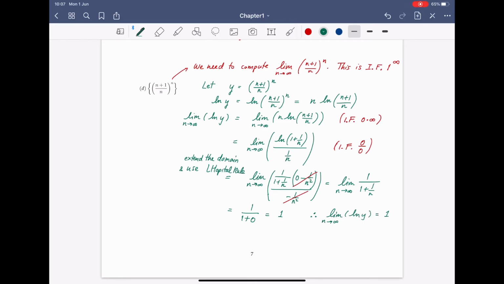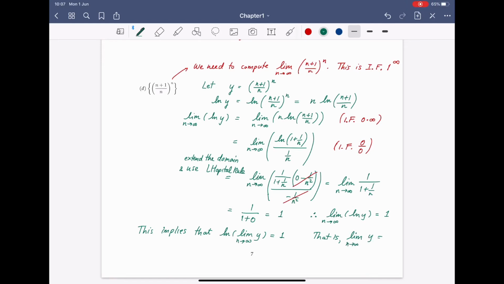And then once you swap the limit and logarithm, assuming that you can do this, this implies that the logarithm of the limit of y is 1, and that is the limit of y when n goes to infinity.